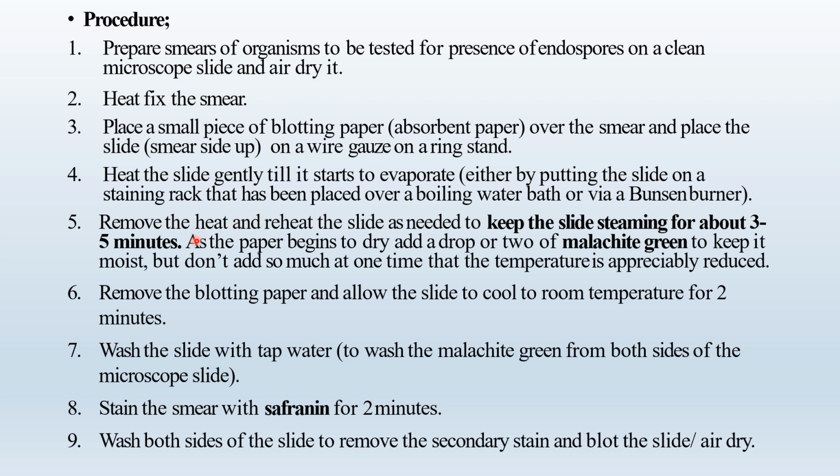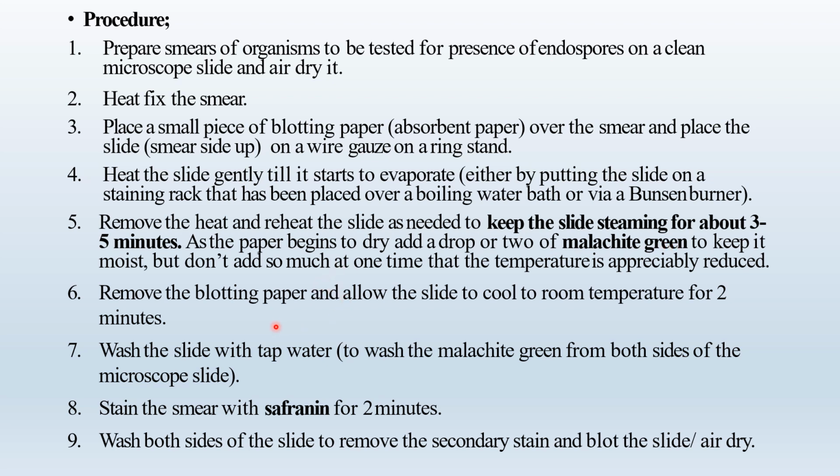Then it is removed from heat and reheated as needed to keep the slide steaming for about 3 to 5 minutes. As the paper begins to dry, a drop or two of malachite green is added to keep it moist.